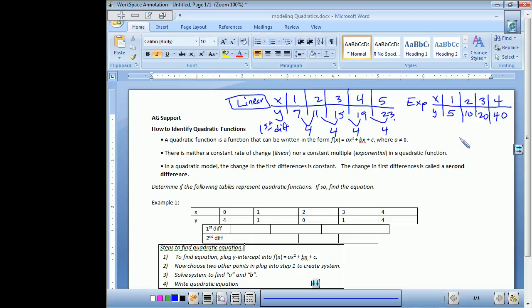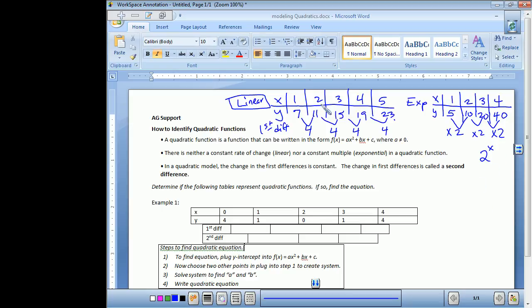Right. So it's not a difference this time. We have a common multiple. Times 2. Times 2. You know what that tells me? That base of that equation is going to be 2.